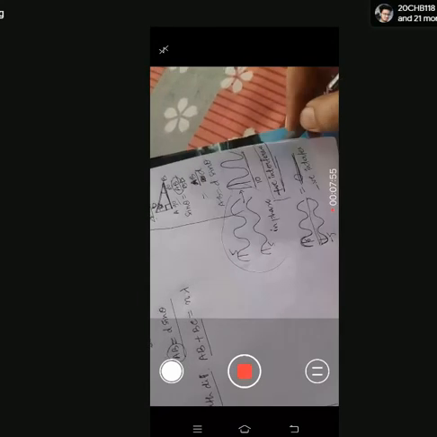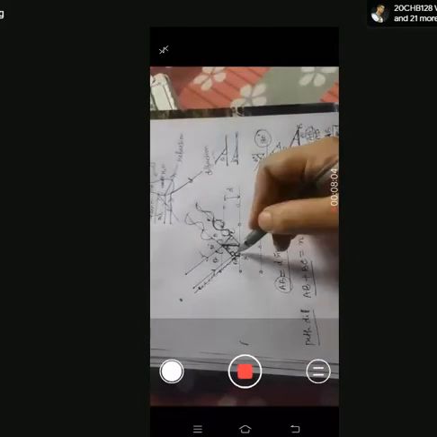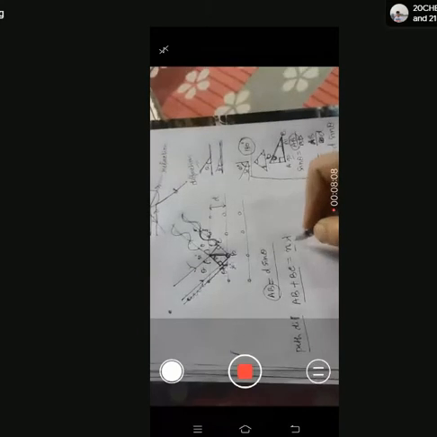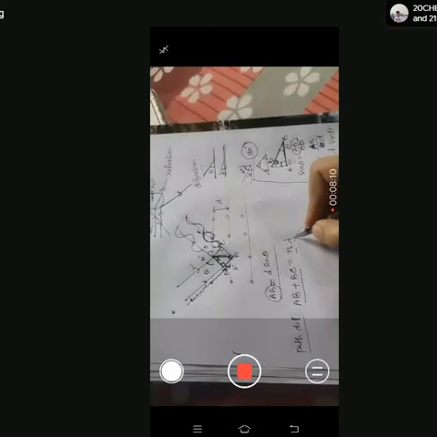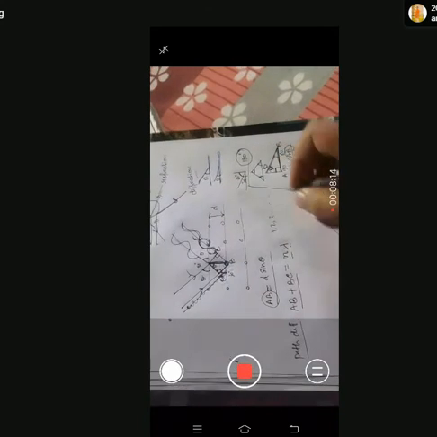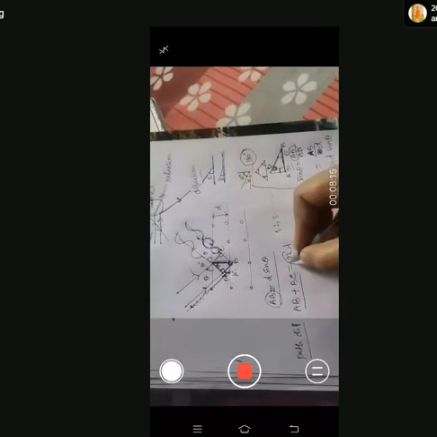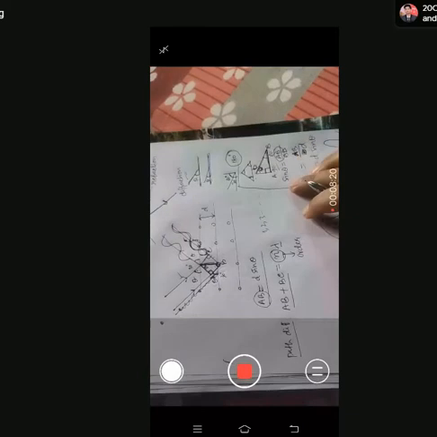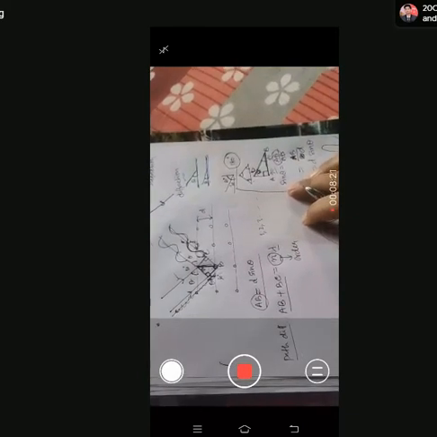The integer value is 1, 2, 3, and so on. And this is called the order of reflection: first order diffraction, second order diffraction.